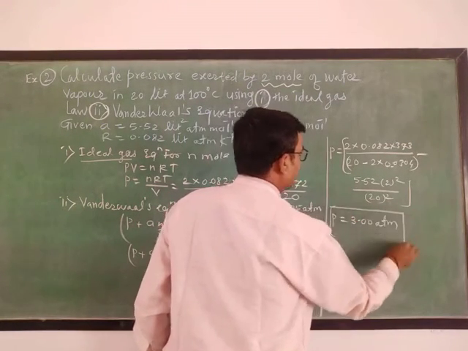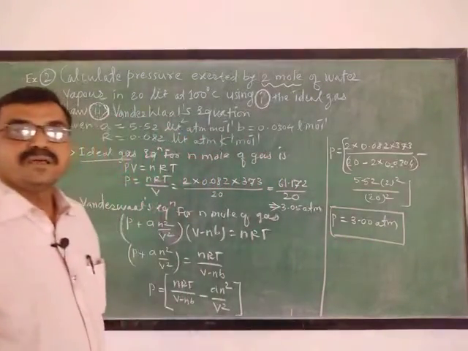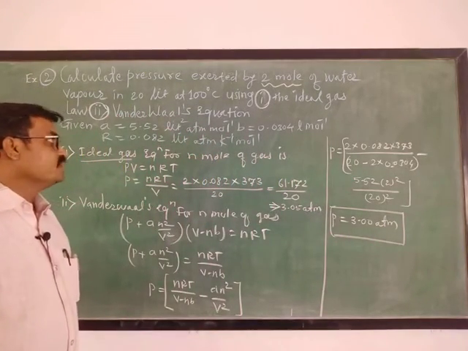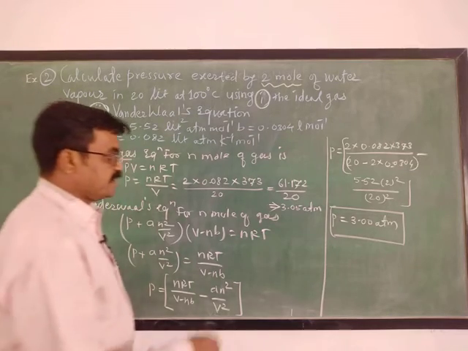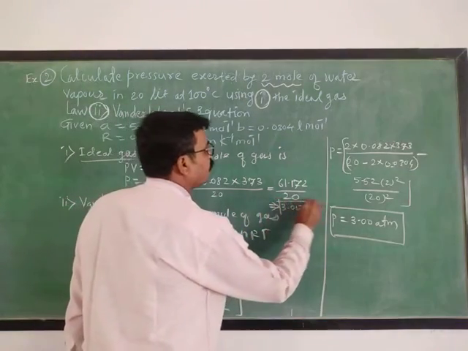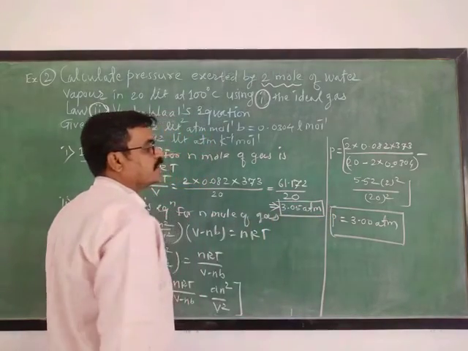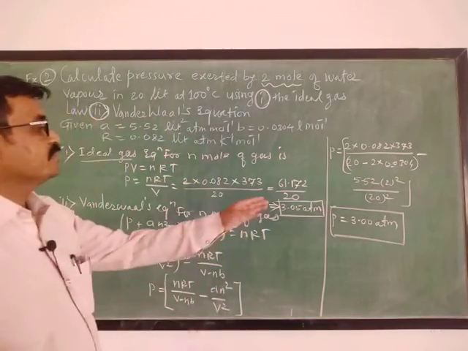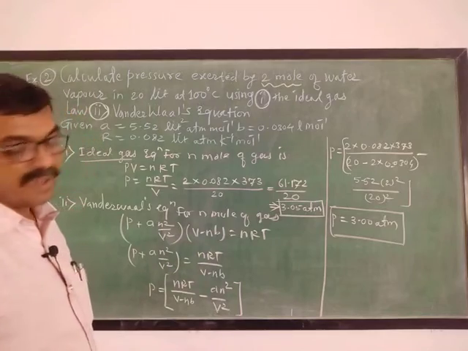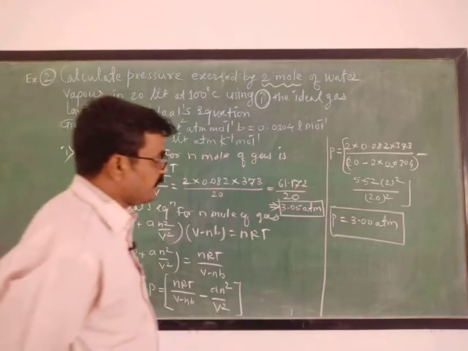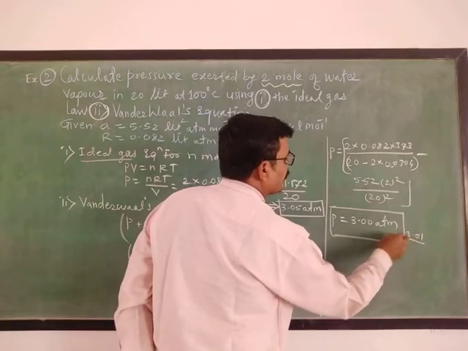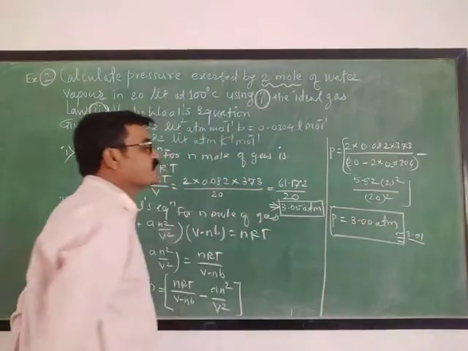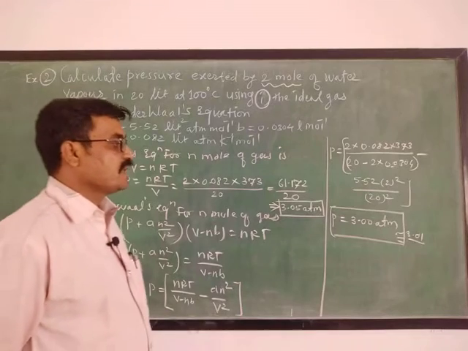This means by using the ideal gas equation as well as by using the van der Waals equation, you will get the same value of pressure. In your book I think this value is given as 3.01. No doubt it is the same, 3.00 and 3.01 is allowed.